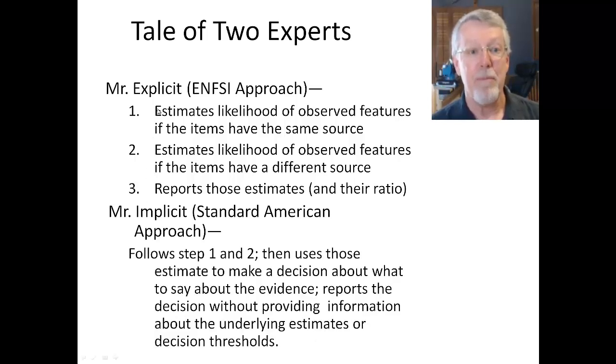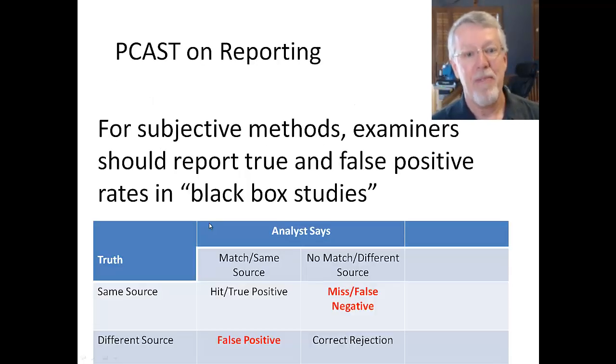Does the same thing at steps 1 and 2, makes these estimates, but provides no information on what his estimates were, and simply reports a decision as to whether those estimates pass the threshold to reach a certain conclusion. If relying on subjective estimates is a problem, isn't it as big a problem for Mr. Implicit as Mr. Explicit? I don't know the answer to that question, but I'm asking.